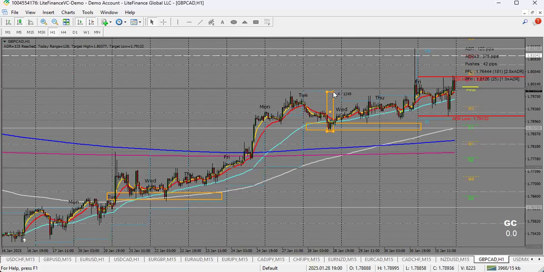We have seen it on USDCAD, and now we have seen it on GBPCAD. So 125. That's ADR times 1, ADR times 2, and ADR times 3.